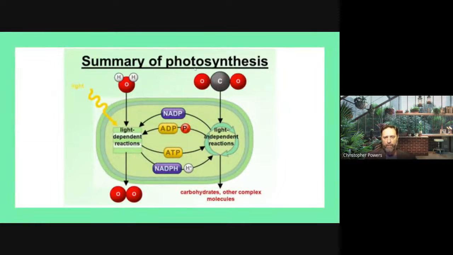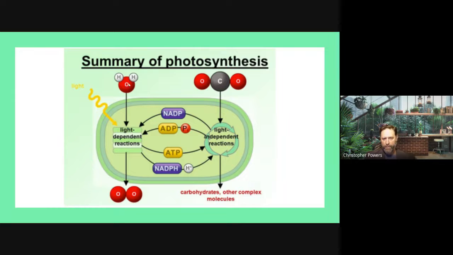All right. Summary of photosynthesis. This is a commonly used diagram. You'll see this usually in different ways. Your photon energy blasts these membranes for the light dependent reactions in these grana.